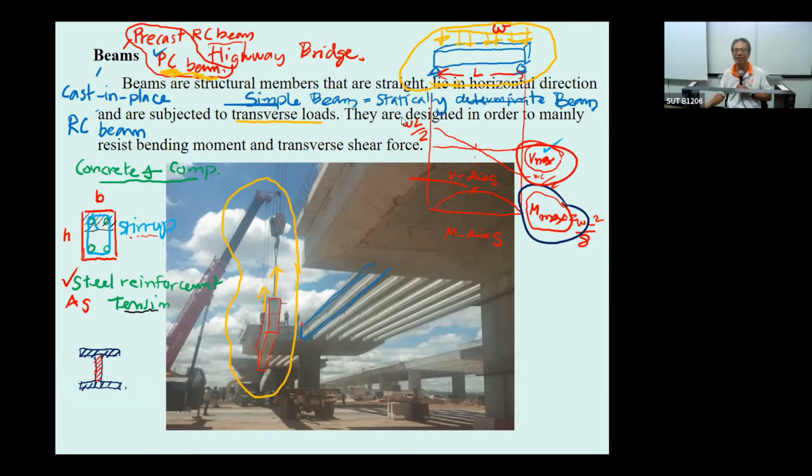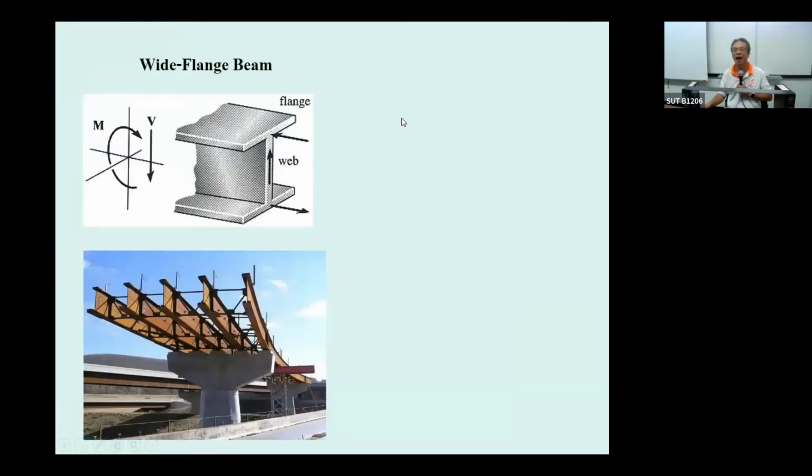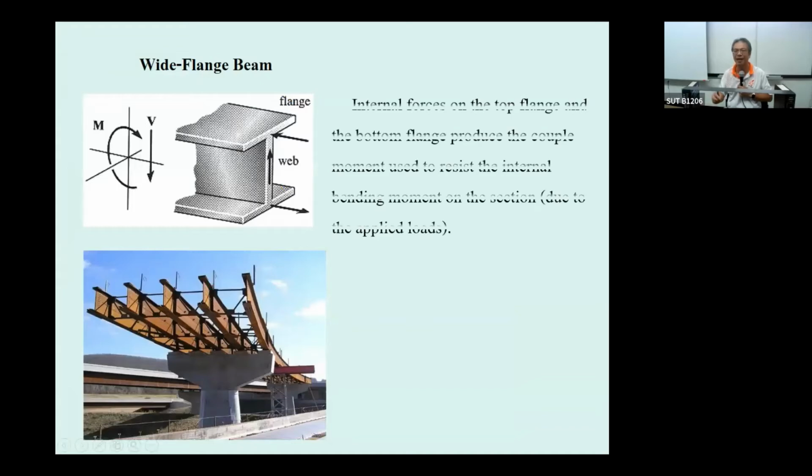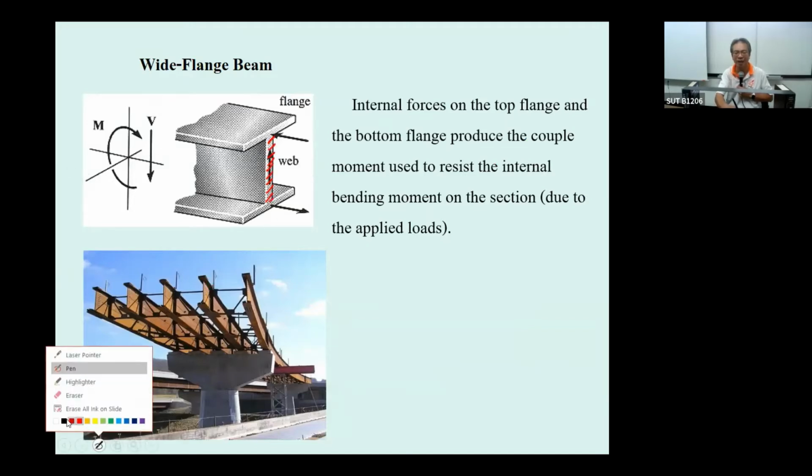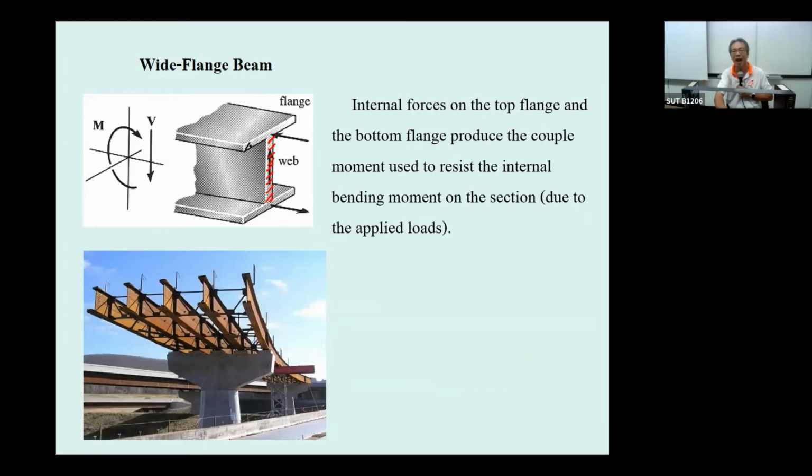Okay, so the next slide explains how the wide flange takes care of the loading. The web here is usually used to take care of the shear, and the top flange gets the compression from the moment, the bottom flange gets the tension from the moment. Okay, this kind of section design is a genius one.